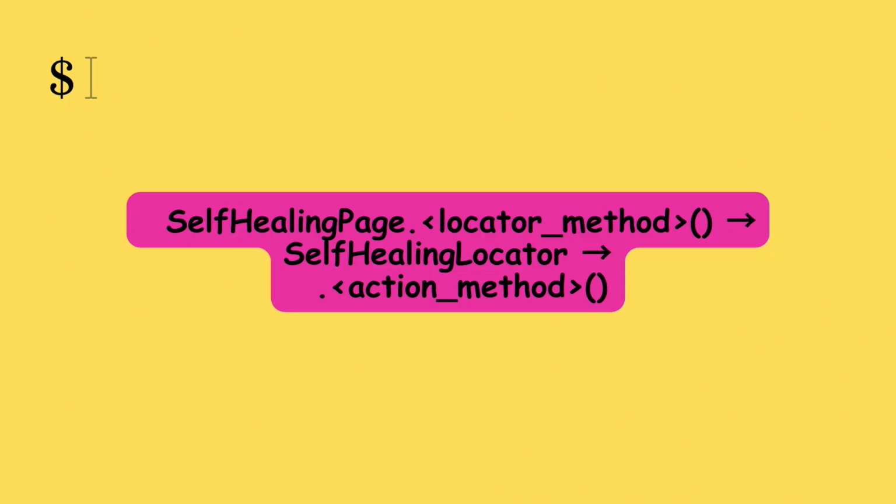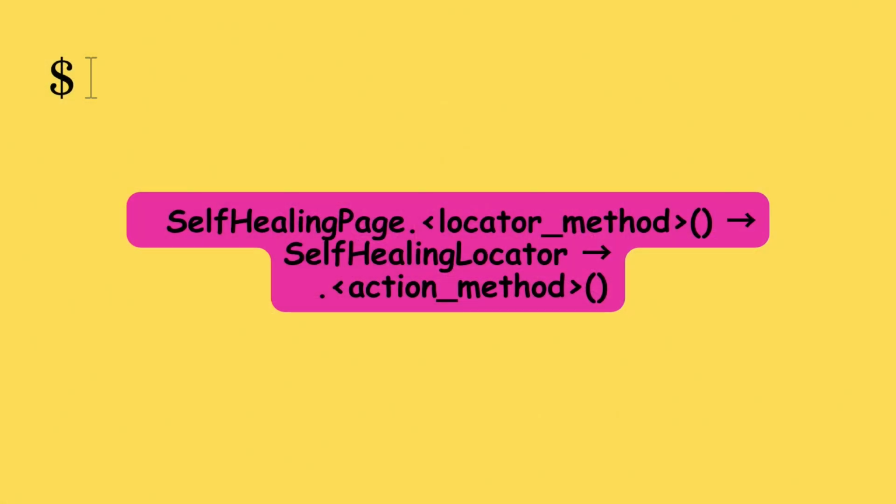Since we wanted our existing test suites using PyTest Playwright to not need many changes when starting to use the self-healing system, we implemented a wrapper around Playwright's page called self-healing page, which is very creative.